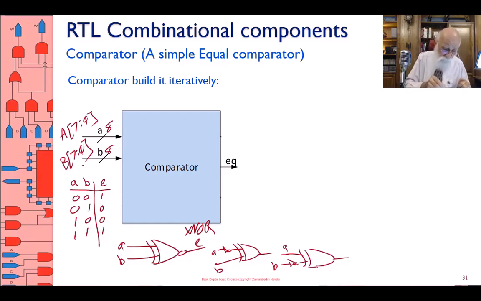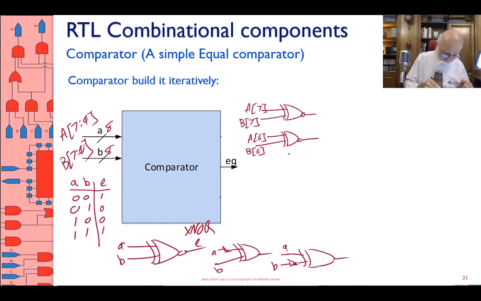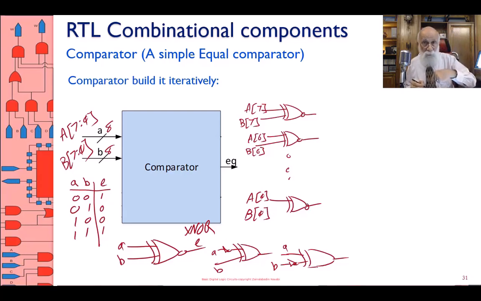Okay, what I do is, if I look at the whole picture, I say, well, if A7 and B7 are equal, and A6 and B6 are equal, eventually, if A0 and B0 are equal, all of these become 1.